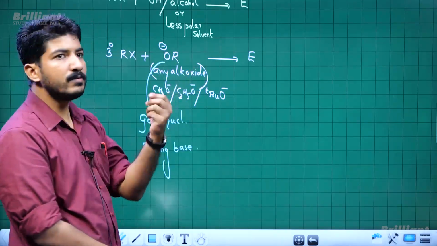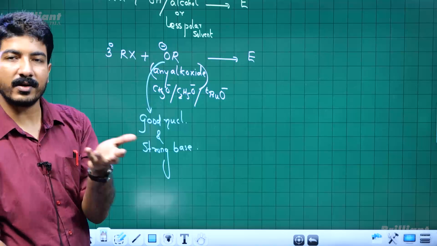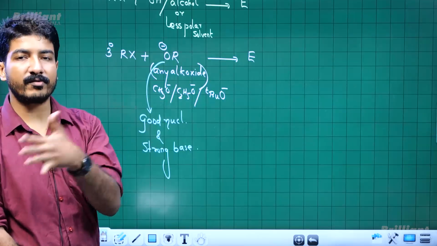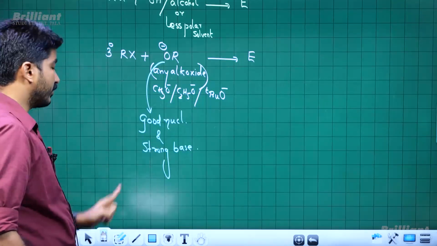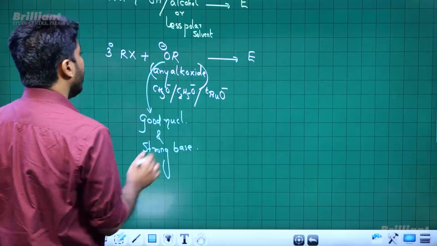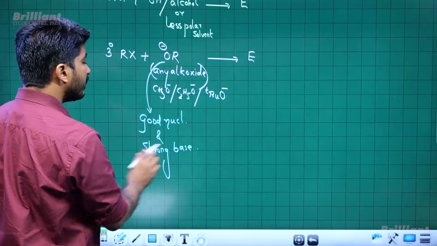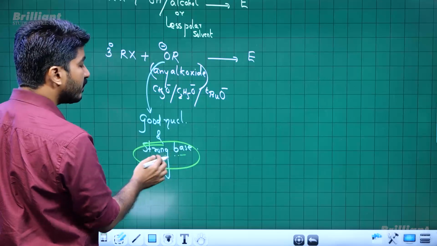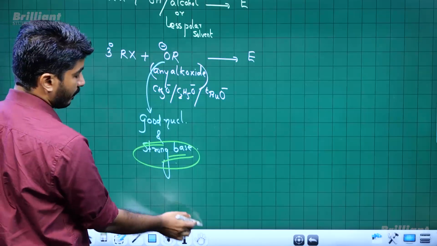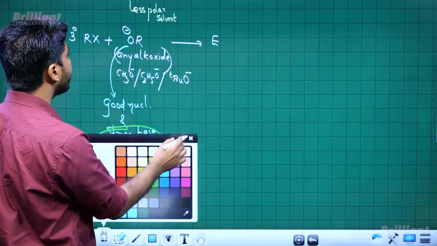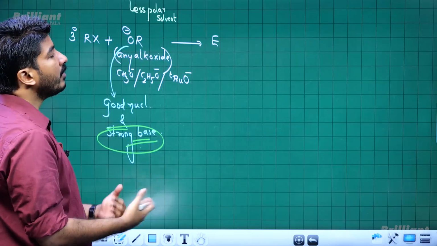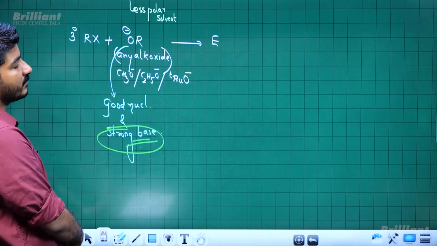If it is a good base also, then it can show elimination reaction, right? It has an alternative reaction. So that happens here. In this case, it acts as a base. Its base character will predominate and we get the alkene product. We get elimination products.